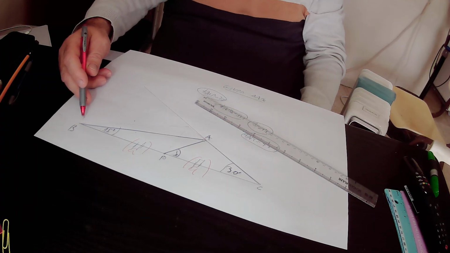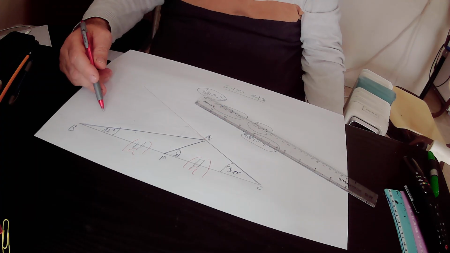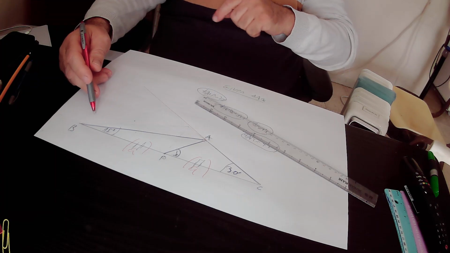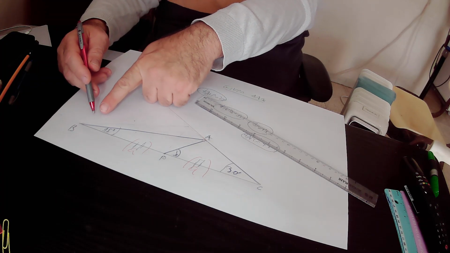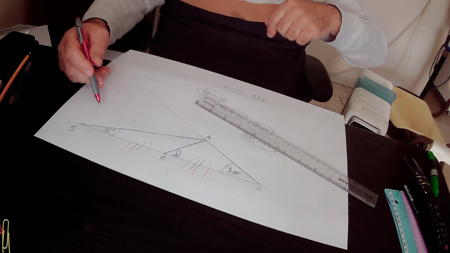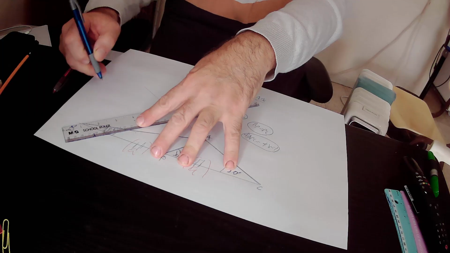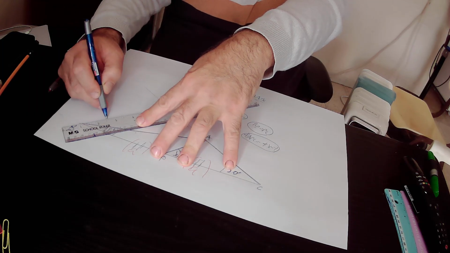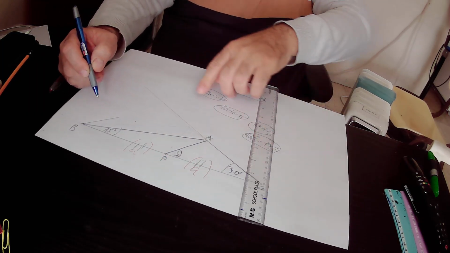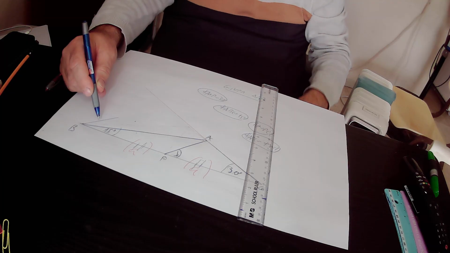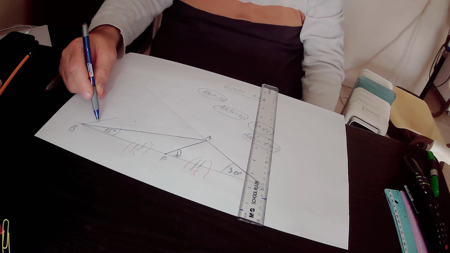Again, from point B, we draw a straight line that creates an angle of 15 degrees on this side of AB. So this angle equals 15 degrees according to our construction.